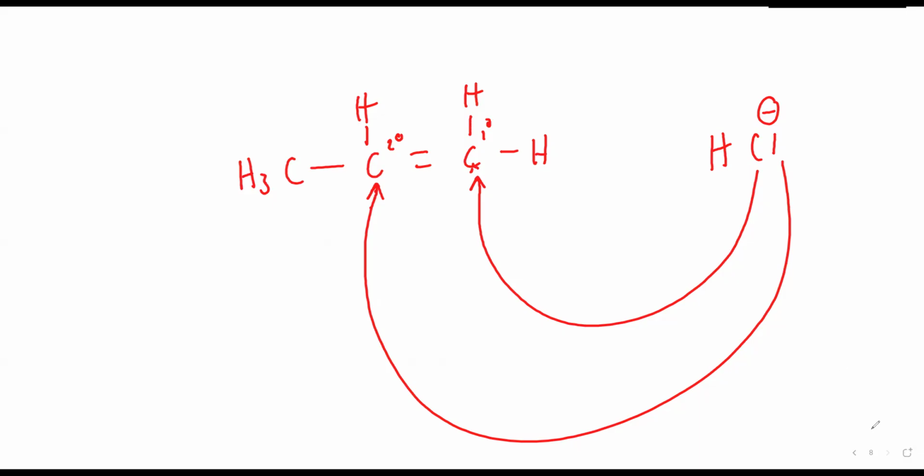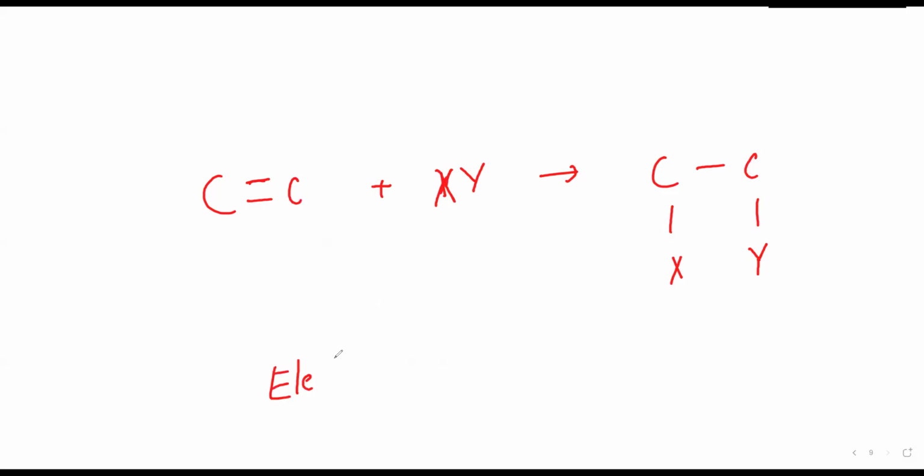One more thing I wanted to tell you, beta: whenever there is a carbon-carbon double bond and any group is getting added to it, suppose I'm adding XY, and it becomes X at one place and Y at another, then it is always electrophilic addition. We have studied that unsaturated compounds undergo which reaction?